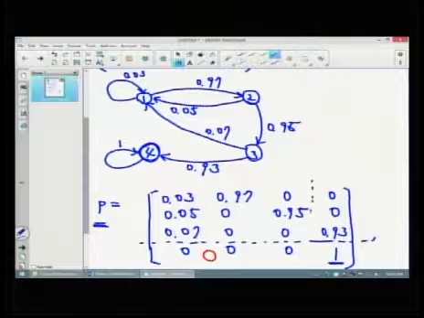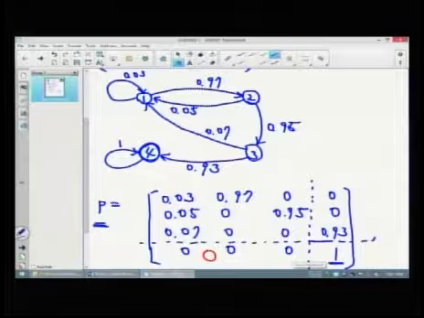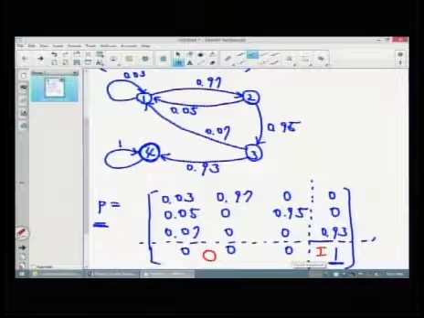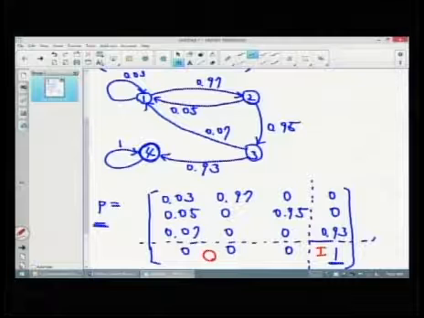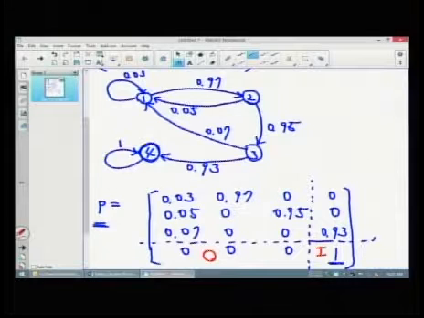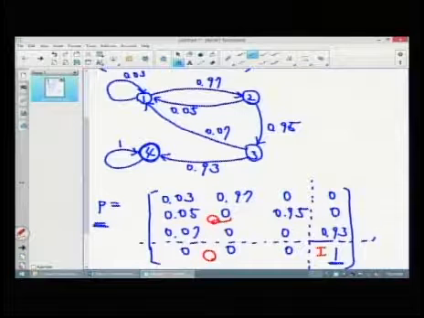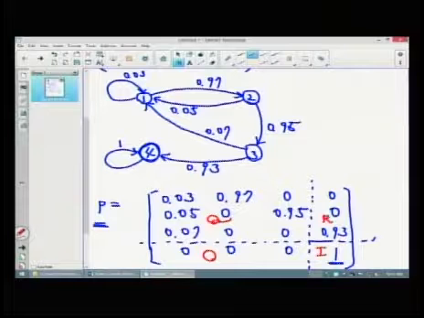We can have the partition like this. So we have here the identity matrix, 0 matrix, same, and we have the Q matrix up here, right? And then this is going to be R. Is that right?